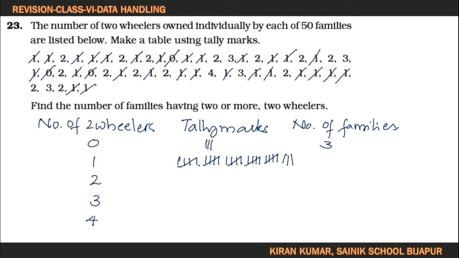So totally 5 plus 5, 10, 10 plus 5, 15, plus 5, 20, plus 5, 25, plus 3, 28 families are there having 1 as a number of two-wheelers.